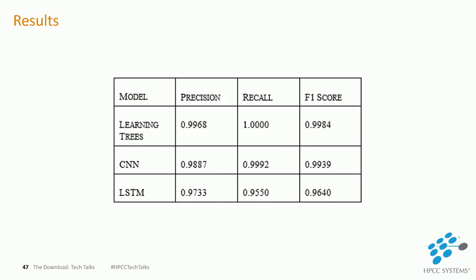There are some false positive cases, but it does give an amazing result. Just to tell you that all of these are test accuracies or test scores. It's not on the entire data set or only on the training set. So yes, we did get very good results.